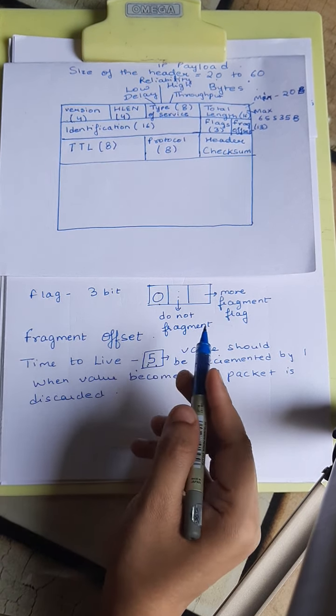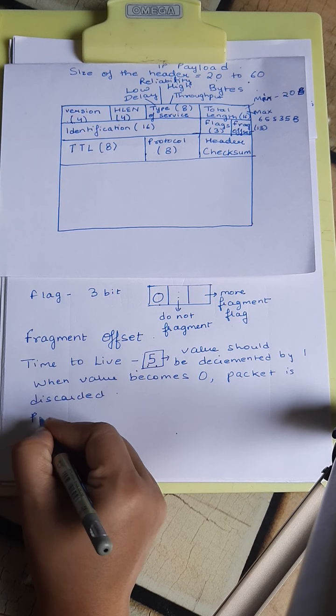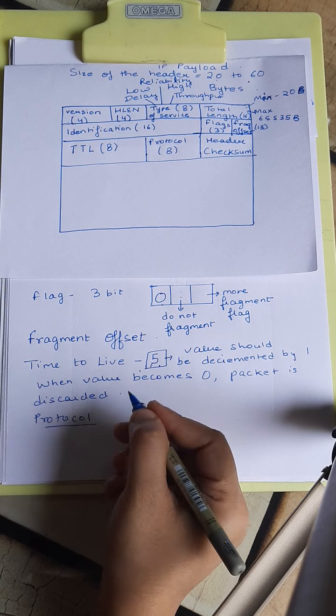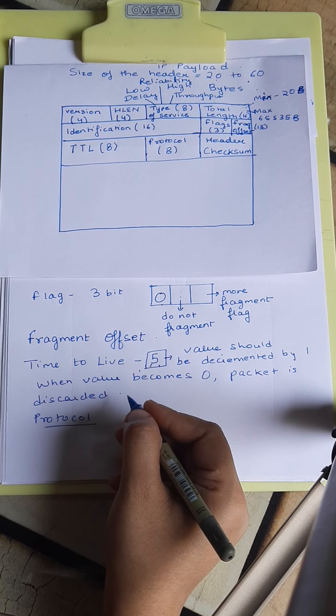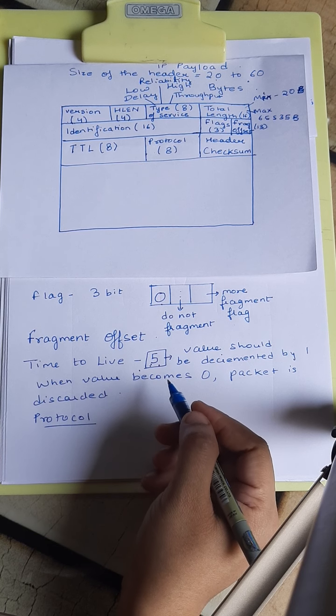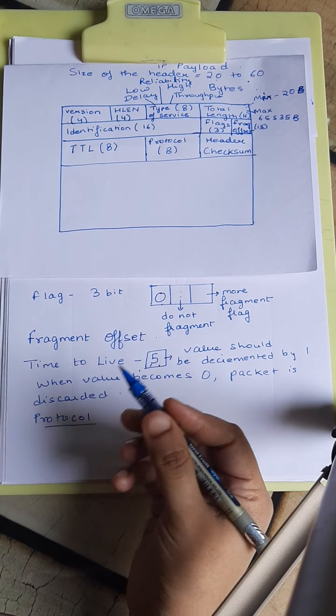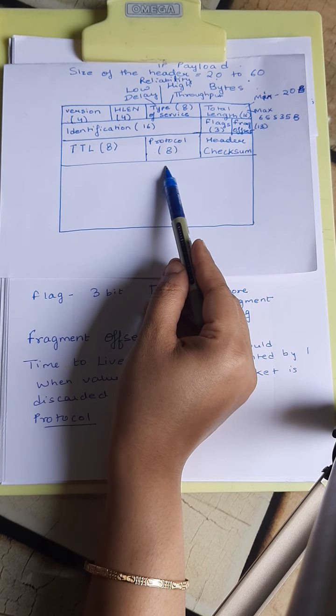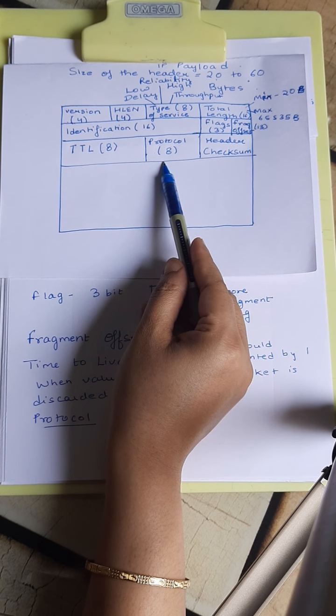Next field is protocol. It is of 8 bits again. So the protocol field tells the network layer at the destination host which protocol this packet belongs to. What is the next level protocol? This will tell whether the protocol you are using is TCP or UDP.